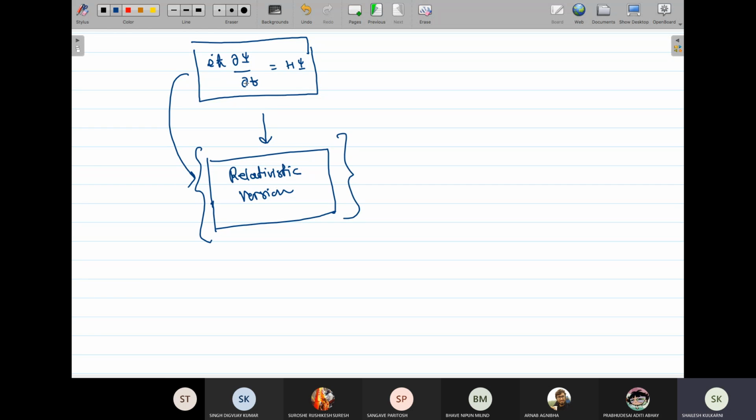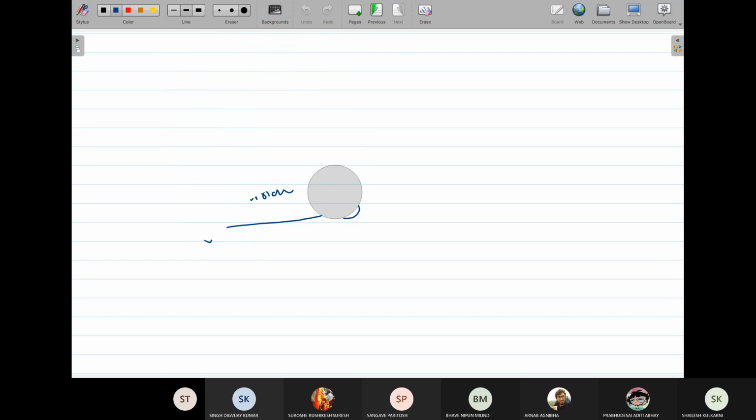We will construct the relativistic versions of this. But before going into this, let me tell you the problem associated with this equation. Now actually we are discussing relativistic quantum mechanics, so I think I should pause for a minute, and if there are any questions, I will answer, because now we will go to relativistic quantum mechanics.